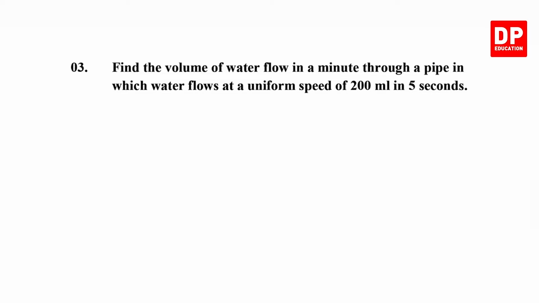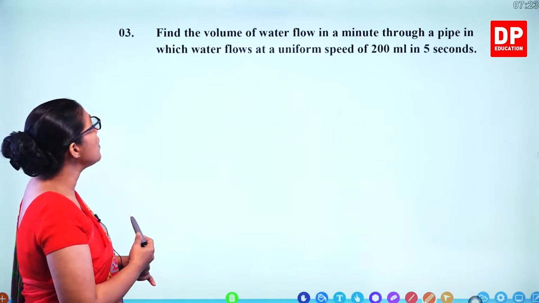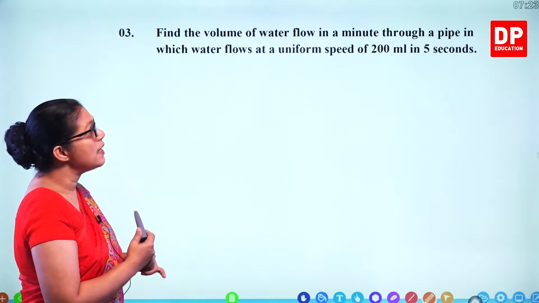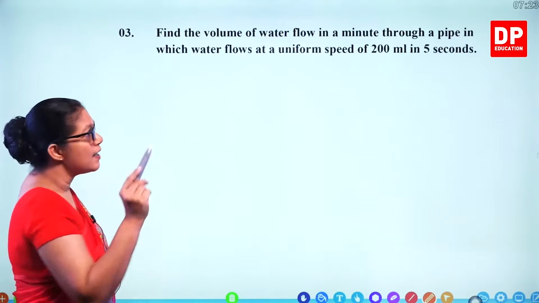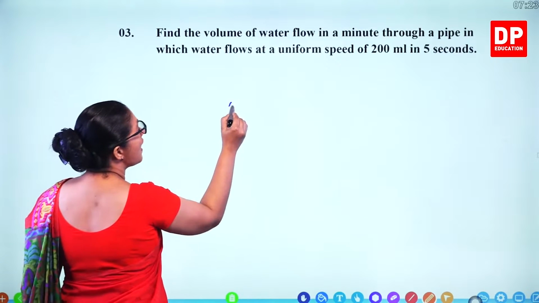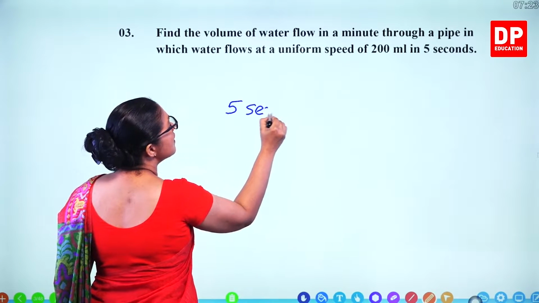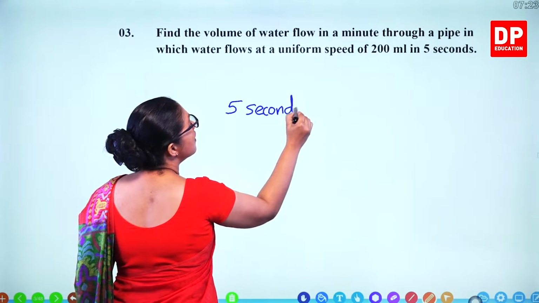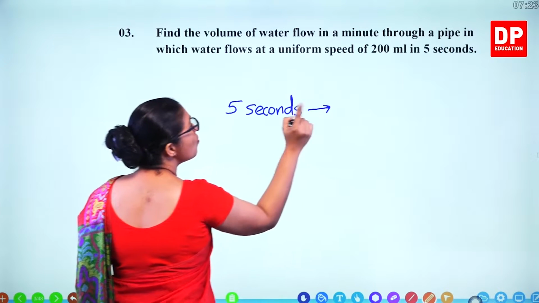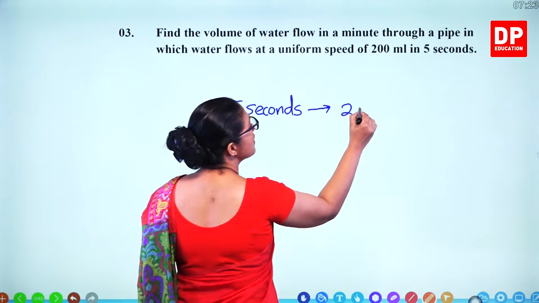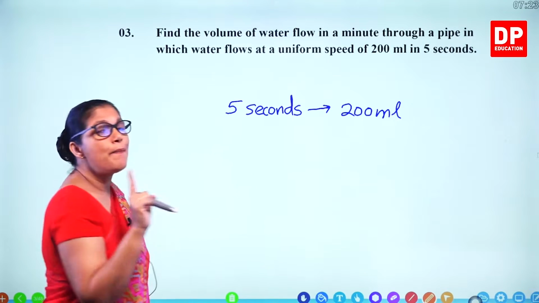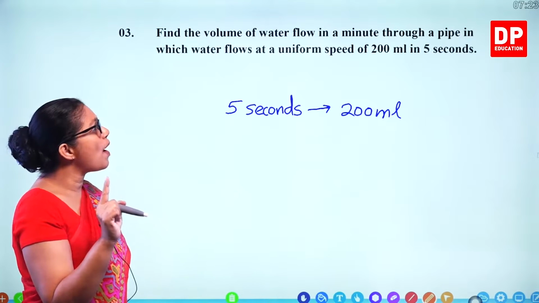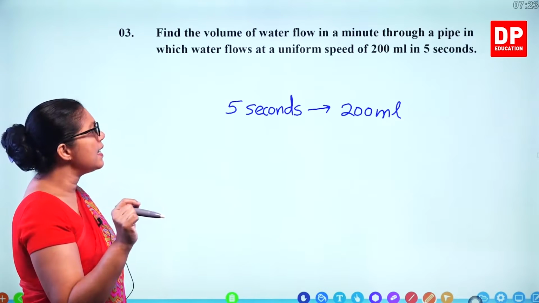Question number 3. Find the volume of water flow in a minute through a pipe in which water flows at a uniform speed of 200 milliliters in 5 seconds. So it's given 5 seconds. It's 200 milliliters of water. But we need for 1 minute. How many seconds for 1 minute? That's 60 seconds.